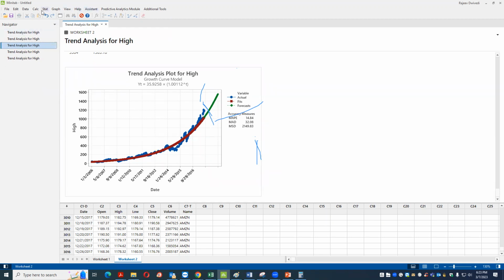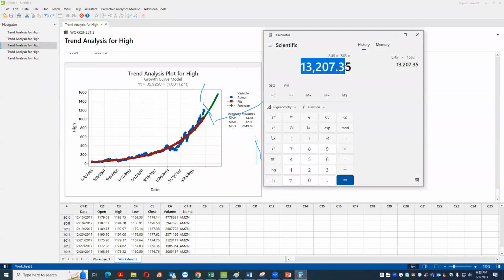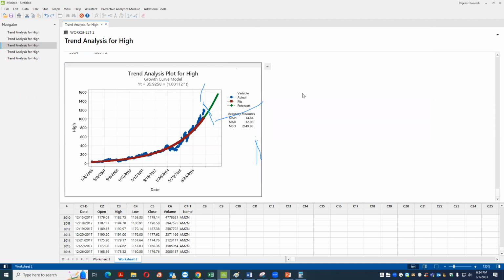So this is the answer. How to get the answer? You get $3,207 benefit, or the way the question is asked, you have to answer in that way. Most of the questions are related to these. So this is the first thing, to identify the trend.